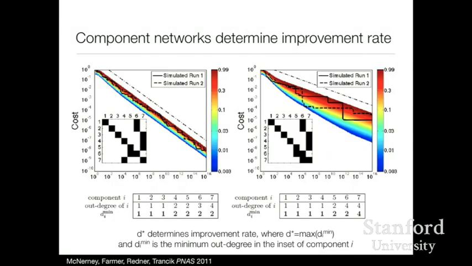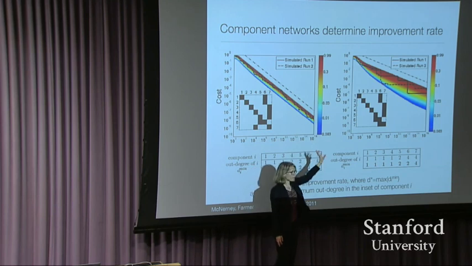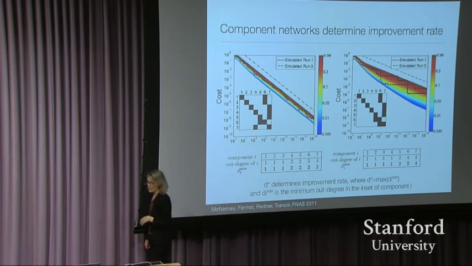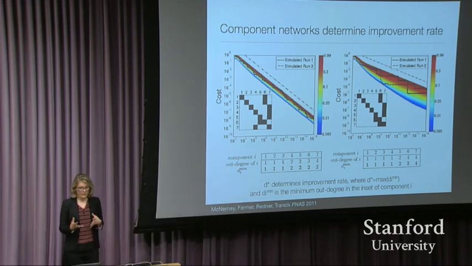And one more thing about this is that the model tells us something not just about the expected rate of improvement, but also how steady or how erratic or jumpy we expect it to be. So if we have a technology where you have one bottleneck, you tend to see more jumpy improvement than if you have a more consistent network of dependencies across the different components.